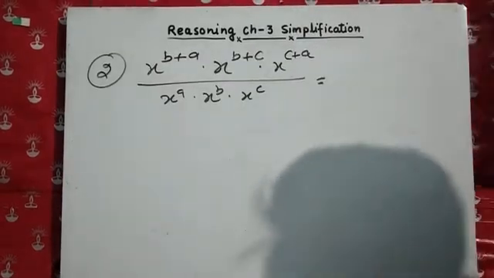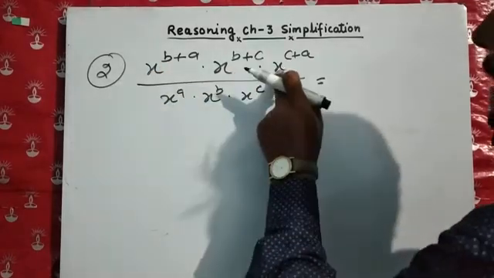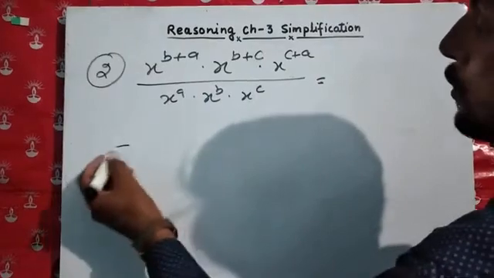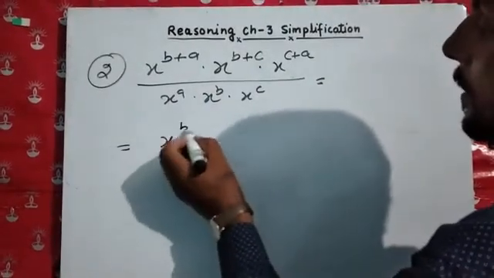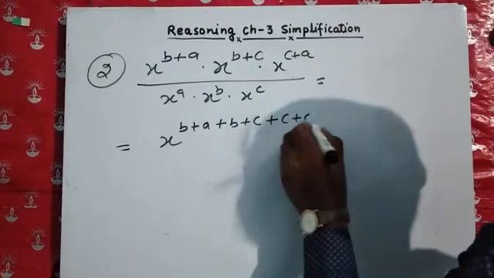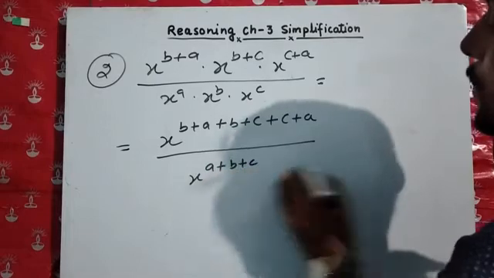Going to question number 2, it is based on exponent values. Whenever the bases are the same, then on multiplying we have to add the powers. So simply we will get x power b plus a, plus b plus c, plus c plus a, upon a plus b plus c. So what are we getting?